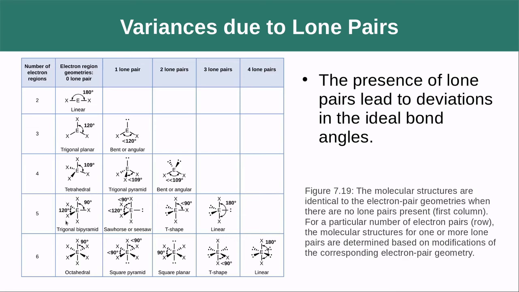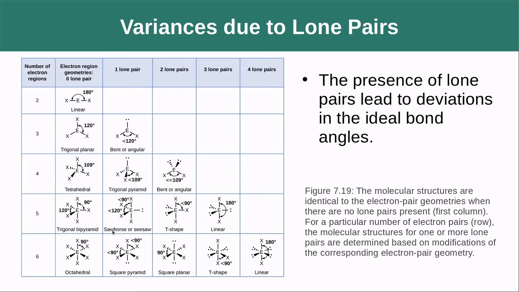and you can see that we get our 120 degrees here and our 90 between the equatorial and axial atoms. When we put in a lone pair, it starts to push these guys closer together, so that these now have less than 120 degrees apart, and this is even less than 90 degrees.